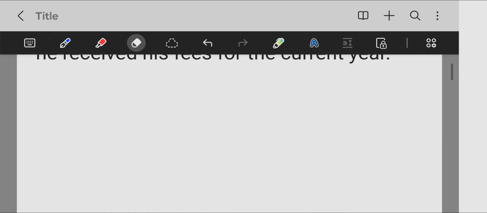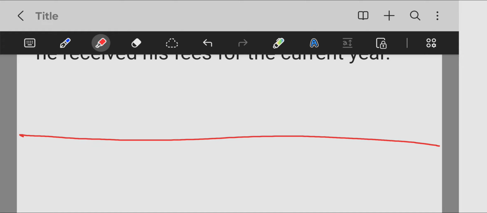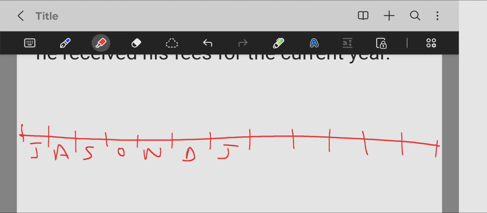First thing first, we draw our number line, which is our year. 1, 2, 3, 4, 5, 6, 7, 8, 9, 10, 11, 12. We are told that our year is beginning on the 1st of July, August, September, October, November, December, January, February, March, April, May, June.